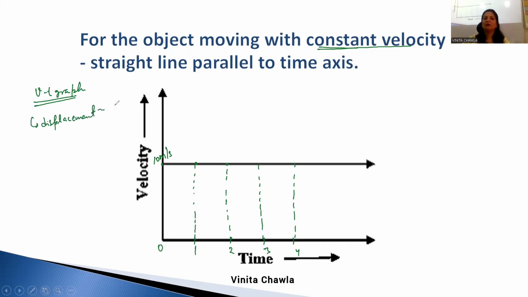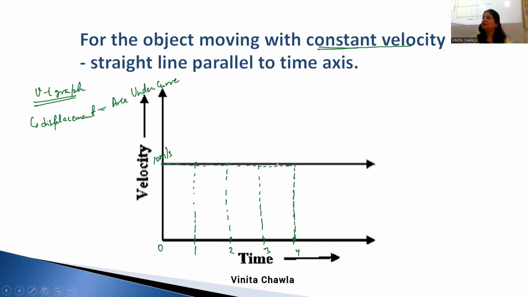By the area under the curve. Suppose I ask you to find the displacement in 4 seconds, that is, the displacement done by the particle in the first 4 seconds of its travel. How will you find it?